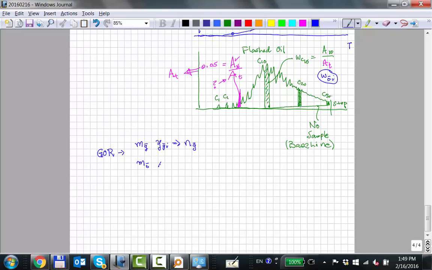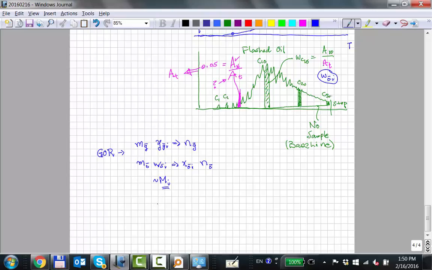And here we know the weight fractions of all these components. We have to estimate the molecular weights here, and then we can convert this to mole fraction and number of moles. But we have to know the molecular weight of each compound. And what do we not know? We don't know the molecular weight of each compound.